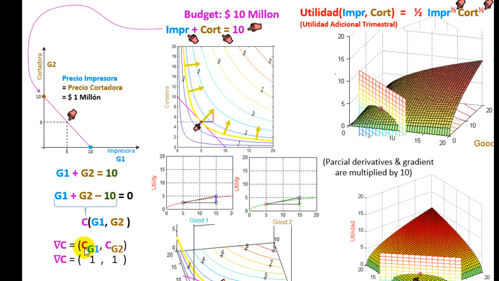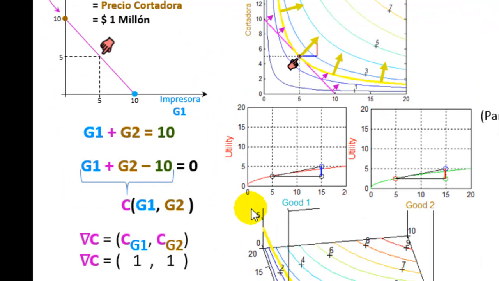Formally, the partial derivative of this function with respect to g1 is just the derivative of g1, which is 1, and similarly the partial derivative with respect to g2 is also 1, because these are the only variables that vary in this case. So the gradient is 1, 1 in all cases. Intuitively, if this function grows, it's like we increase this value, and you get a parallel shift in the perpendicular direction.